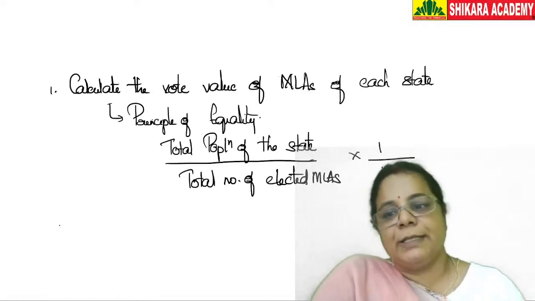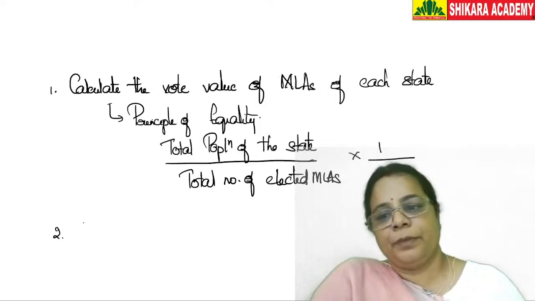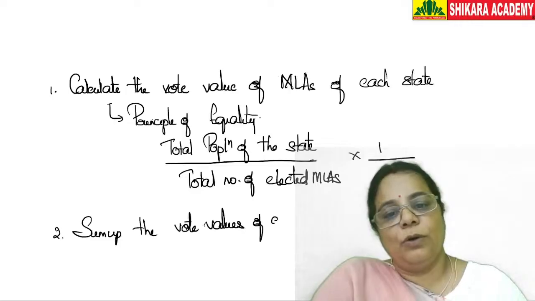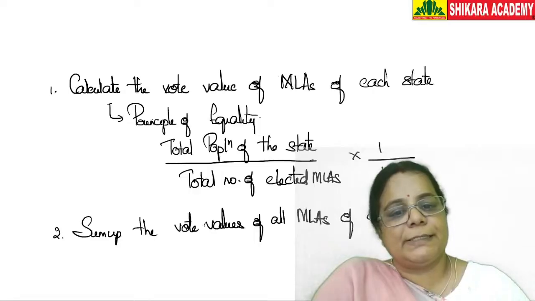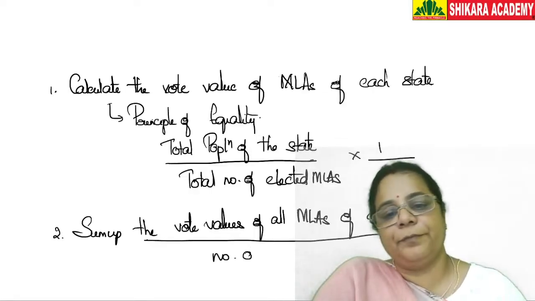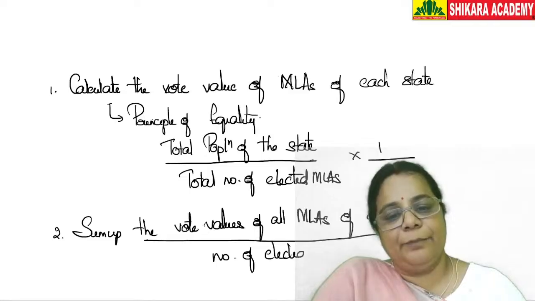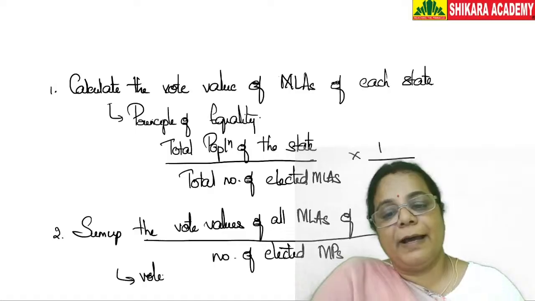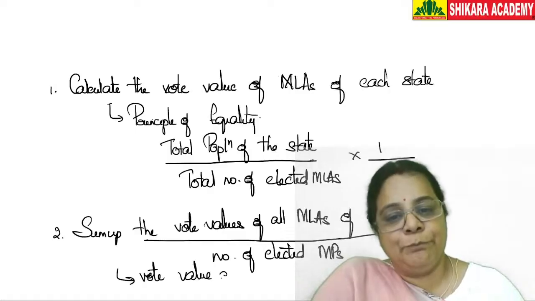Now, once we do this, we sum up the vote values of all MLAs of all states, and then divide it by the number of elected MPs. This gives us the vote value of MPs.